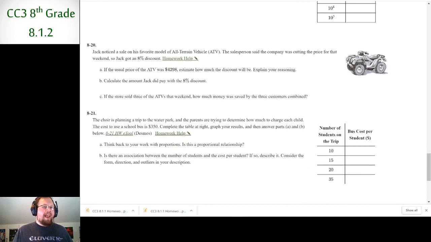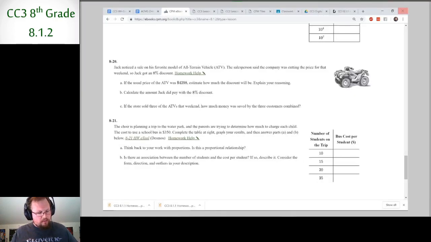If you have an 8% discount, there's 2 ways to solve this. You can either do 0.08 times the price, or you can do 0.92, which is the 92%, because that's what's left. And then you can figure out the amount that he paid with this discount.